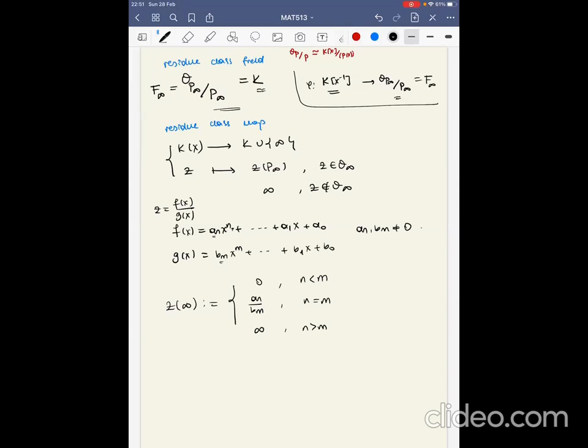Now our claim is that indeed this map, or sorry, its image z of P infinity, is determined by the z infinity we defined here.